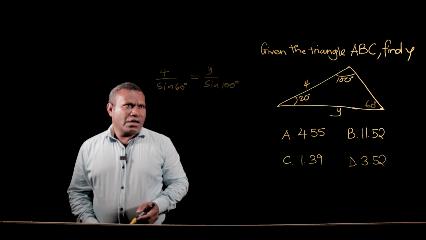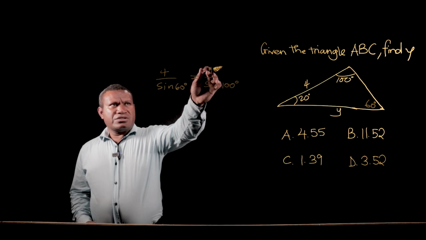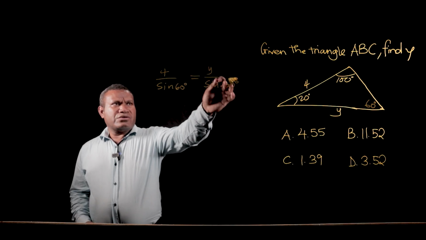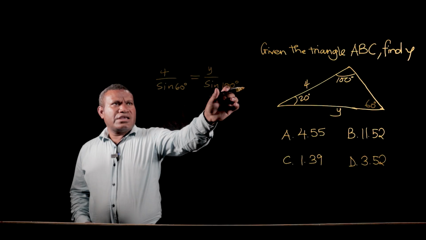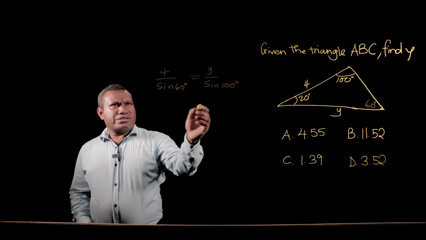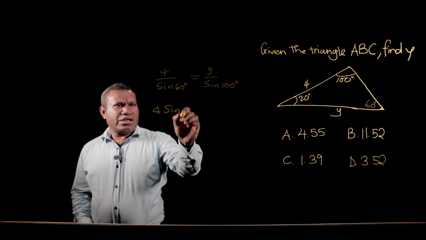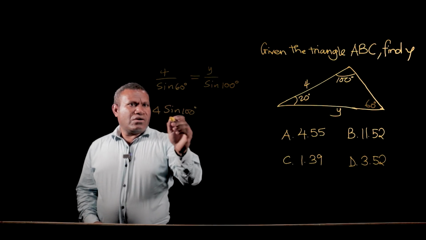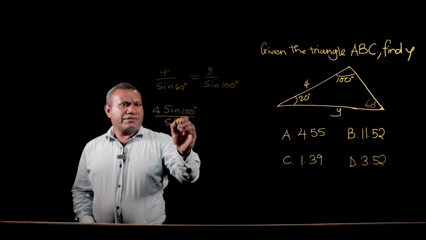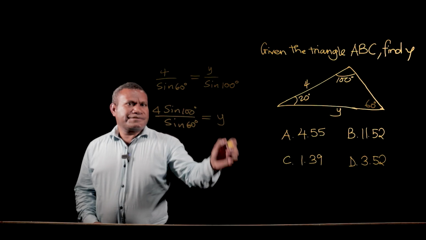This is an equation, so we just cross multiply and solve for the unknown y. We leave the y as it is, and it's a division, so we multiply both sides by sine 100. So we get 4 sine of 100 over sine of 60 degrees, which is equal to y.